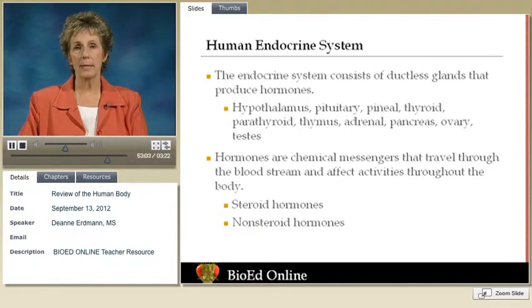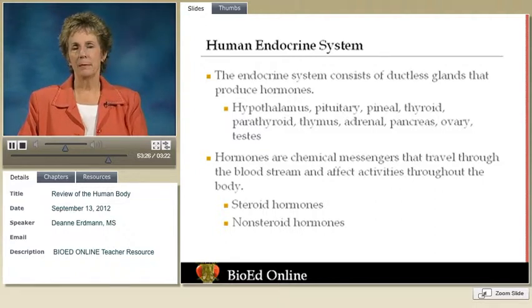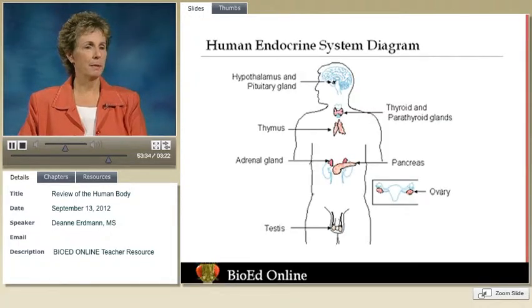The hormones that are steroids are made of lipids from cholesterol, and once they reach their target cell, they actually pass through the membrane and into the cell to produce their desired effect. The non-steroidal hormones are amino acid based, and they remain on the outside of the cell and activate a second messenger within the cell.